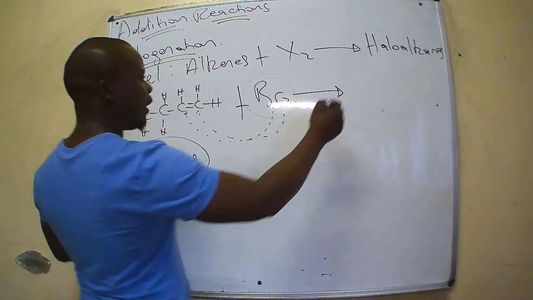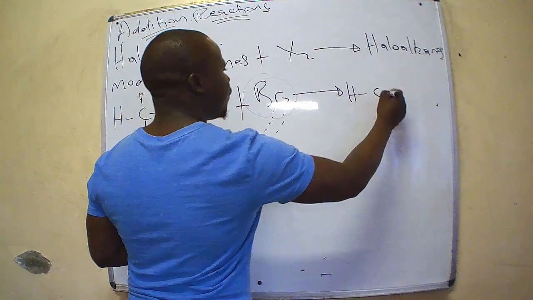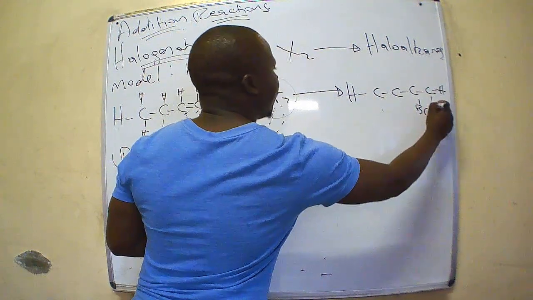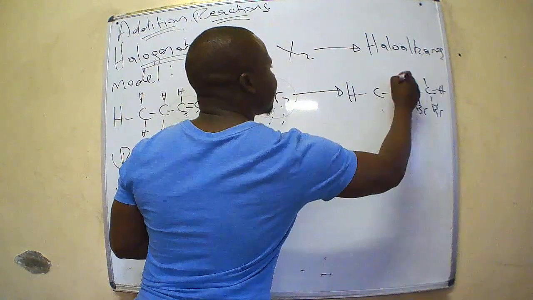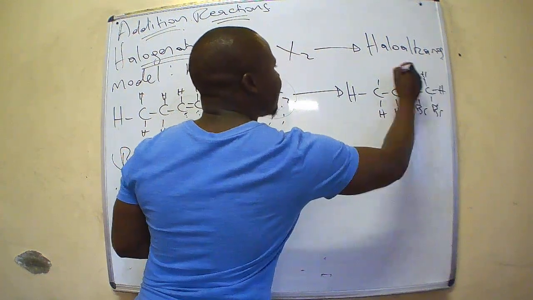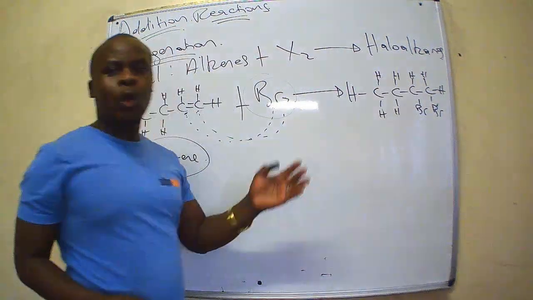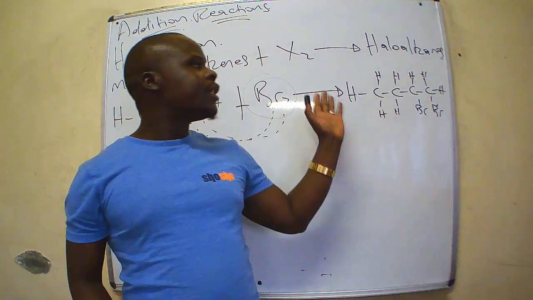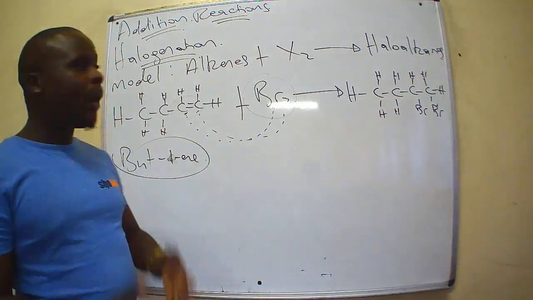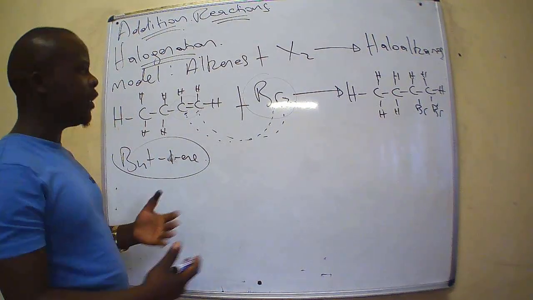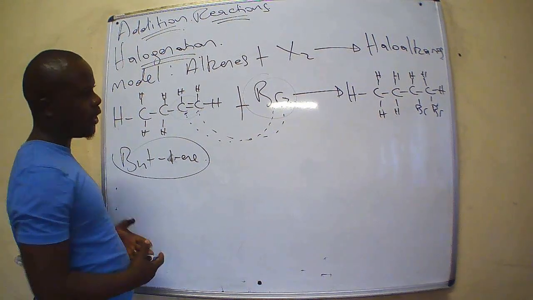So we are going to have a haloalkane with the 4 carbons, but those bromide atoms attach themselves to these 2 carbons here. So once they attach themselves, we no longer have a double bond. As you can see here, we now have single bonds all over. This is how a haloalkane is formed from halogenation, mainly from the alkene here.